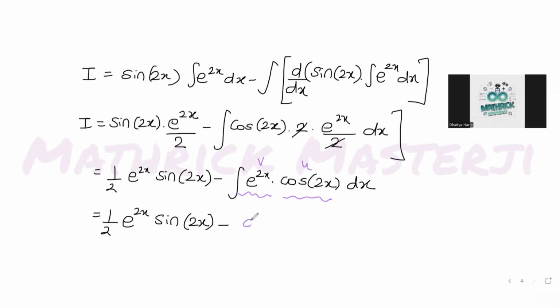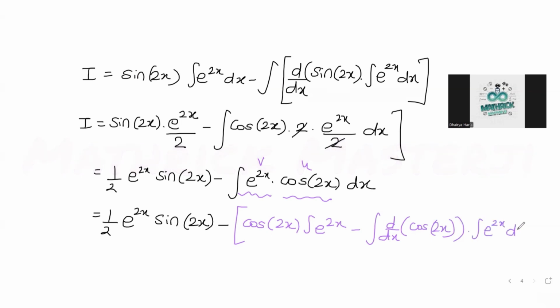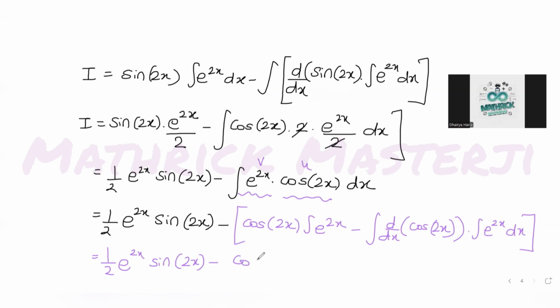I write u as it is and the integral of v, minus a big integral of the derivative of u and again the integral of v, which is the integral of e raised to 2x dx. So let's see, half e raised to 2x sine of 2x as it is, minus cos 2x again as it is.